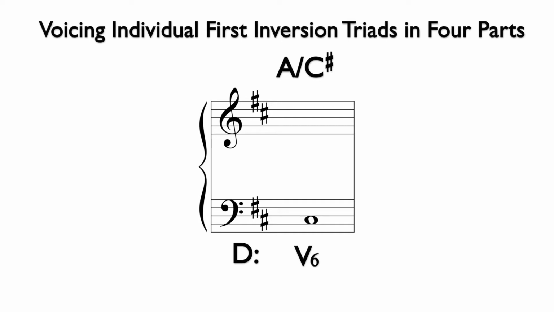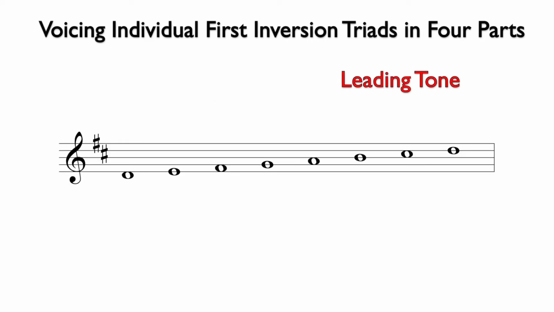With most first inversion triads, we can double any note of the chord, but we want to avoid doubling the leading tone to the key. This is the note a half step below the tonic. Since we are in the key of D, D is tonic, and C sharp is the leading tone.